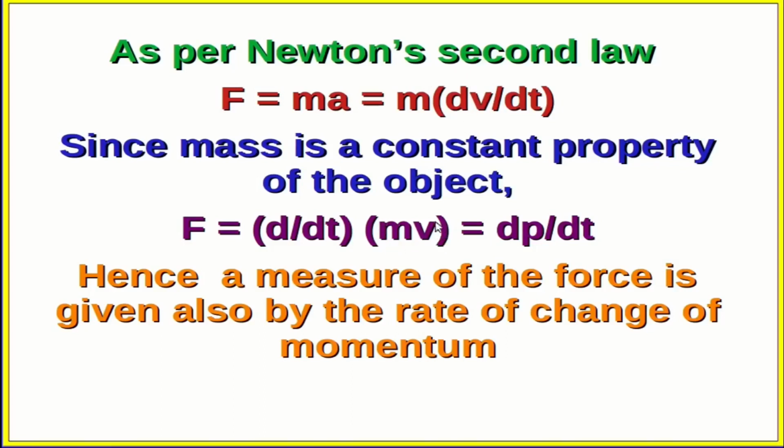So we can take the product m into v and take the derivative with respect to time. So F is equal to d by dt of the quantity mv, but mv is nothing but the momentum. So therefore force is equal to dp by dt. Hence a measure of the force is given also by the rate of change of momentum of the object.